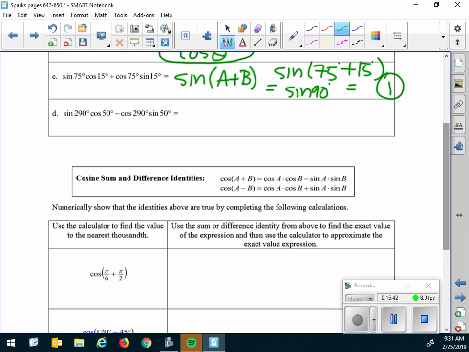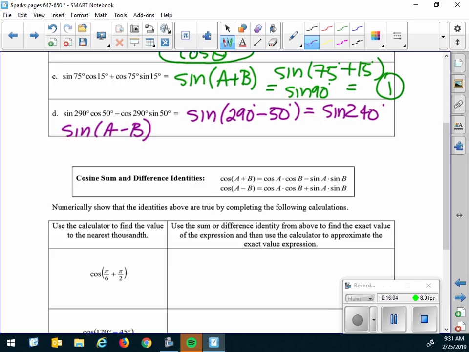Second one says the sine of the first times the cosine of the second minus the cosine of the first times the sine of the second. So that's going to be sine of A minus B. So this is going to be the sine of 290 minus 50, which is the sine of 240 degrees.